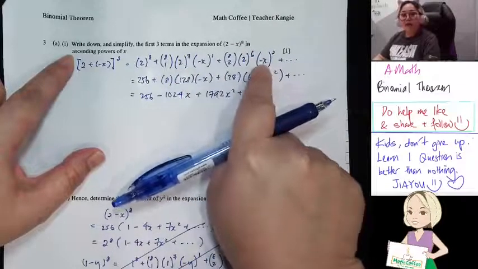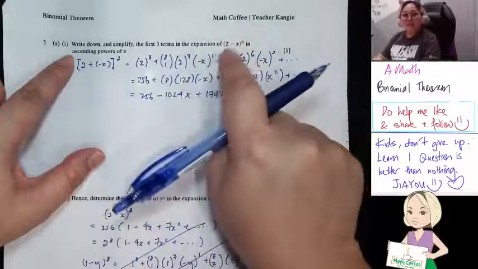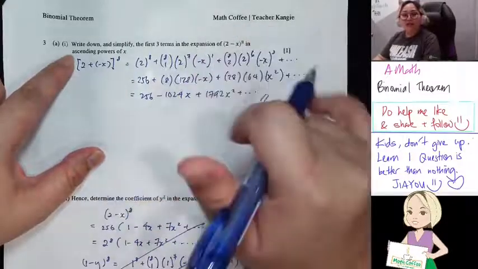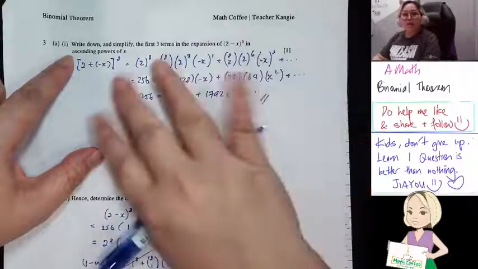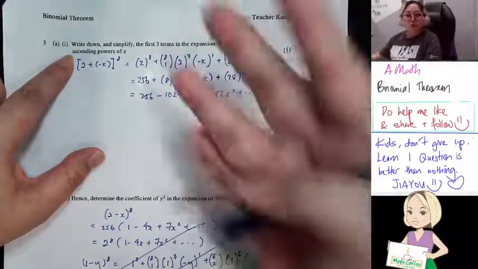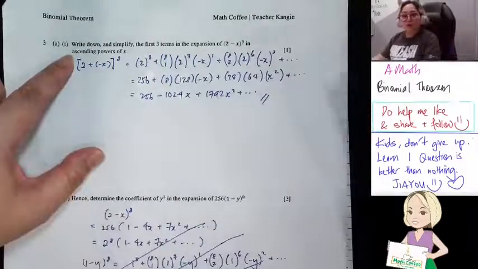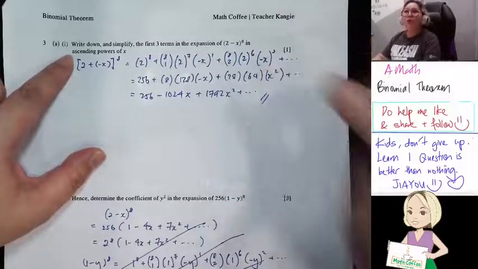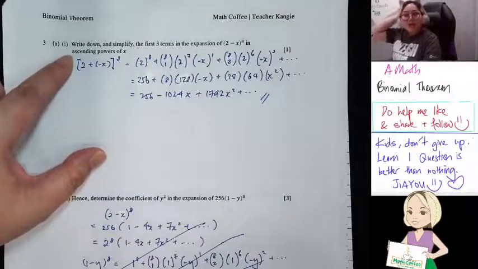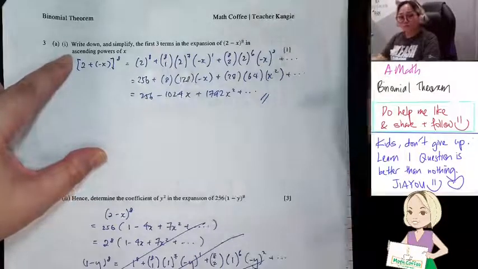Agree? If the same question asks for descending power, some students will expand everything out and then swap over the terms. But that's wasting time. All you need to do is swap your a and b, because you know the formula: the a is reducing and your b is increasing. So you just swap.